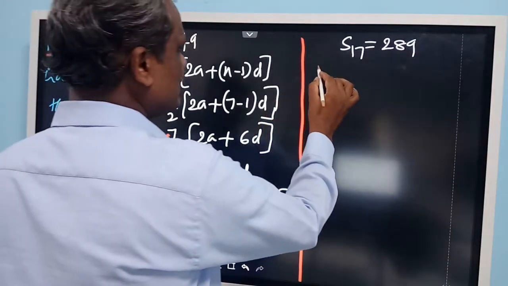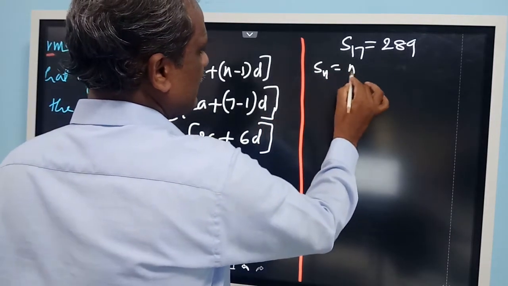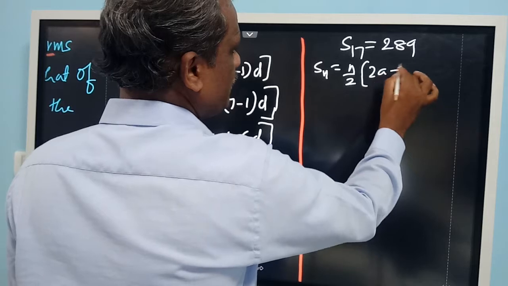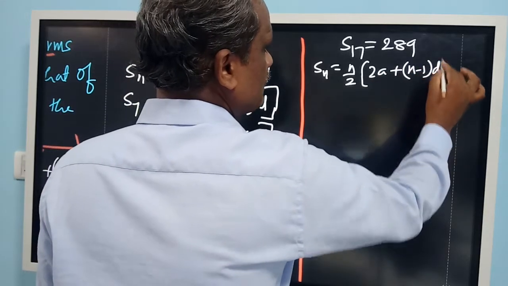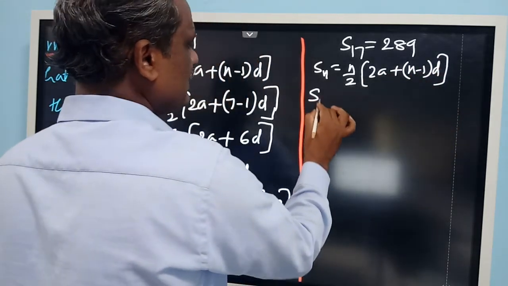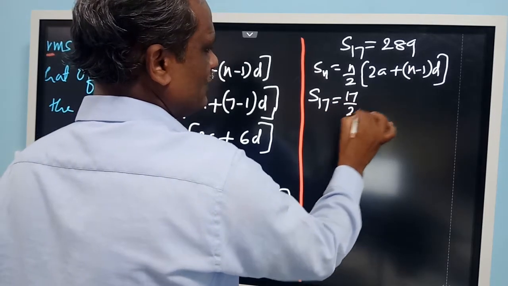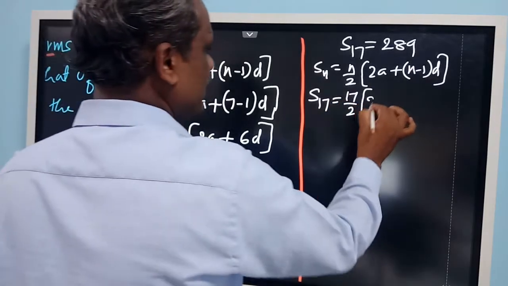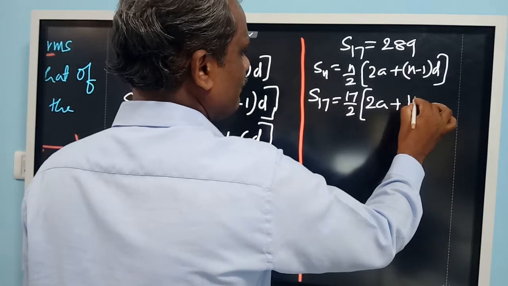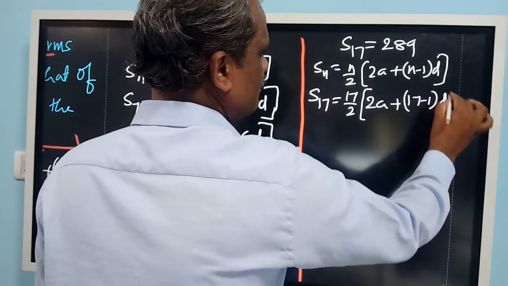So again let us write the formula. Sn is equal to n by 2 into 2a plus n minus 1 into d. So S17 is equal to 17 by 2, 2a plus 17 minus 1 into d.